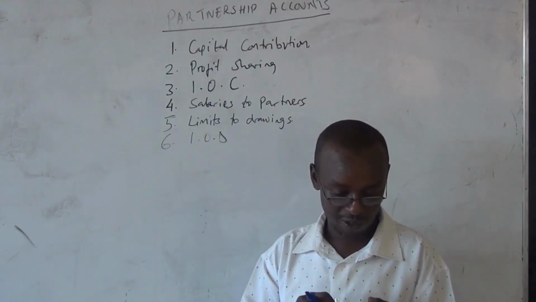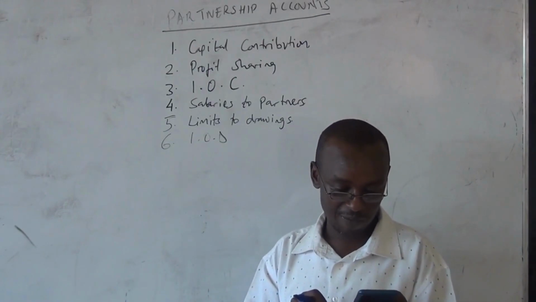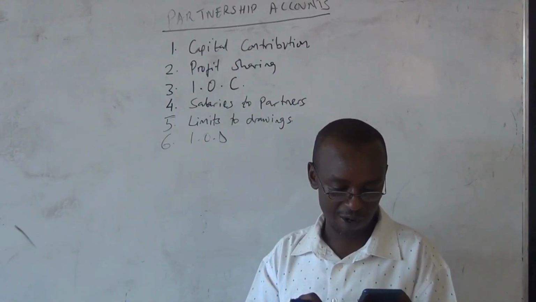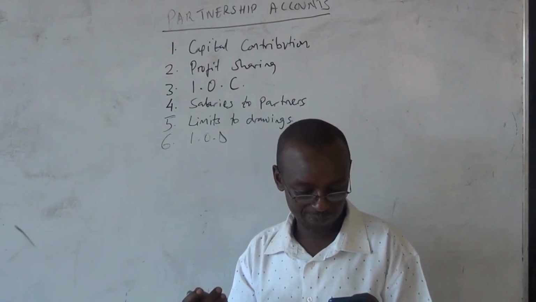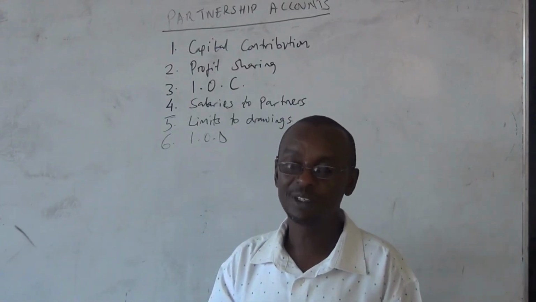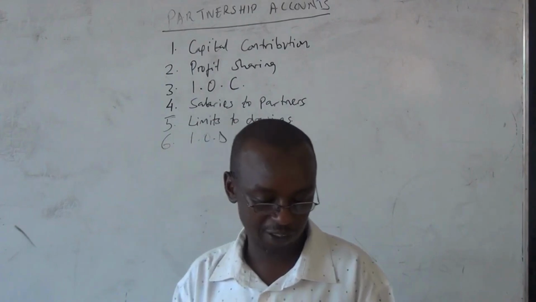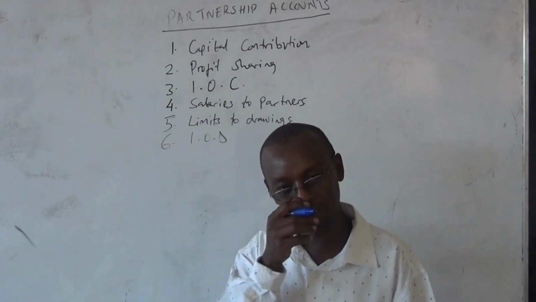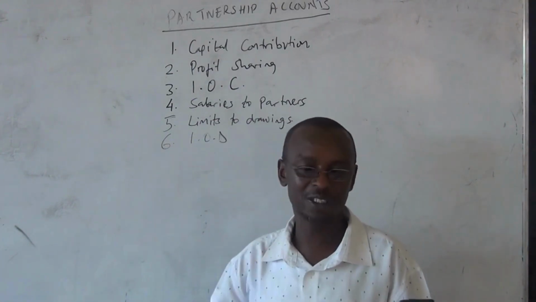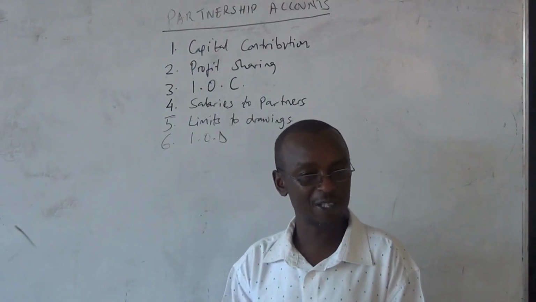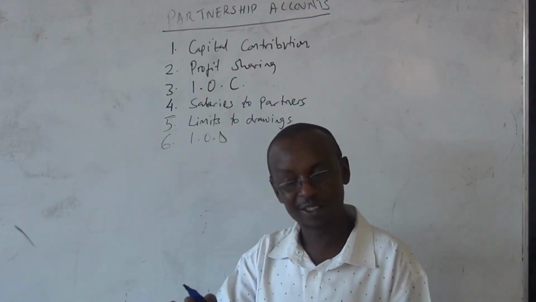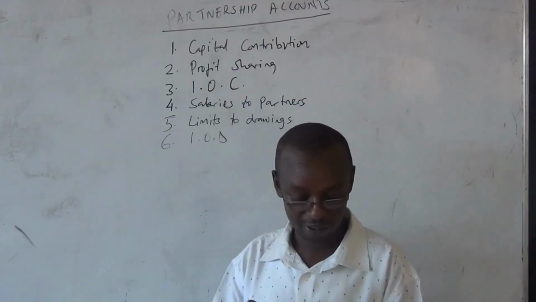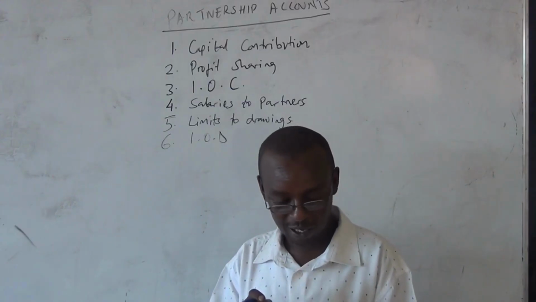That is where it comes in. So some partnership agreements may also guarantee a minimum share of profit for one or more partners. Yeah, sometimes they can agree on a guaranteed profit for a certain partner. Maybe one of the partners may invest heavily, so he will have a guaranteed share. All those are in the agreement.